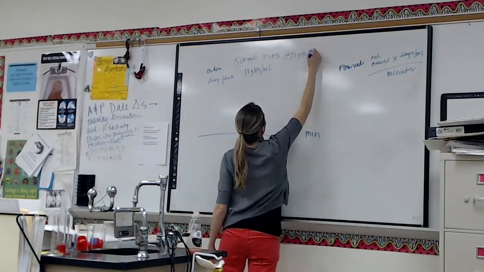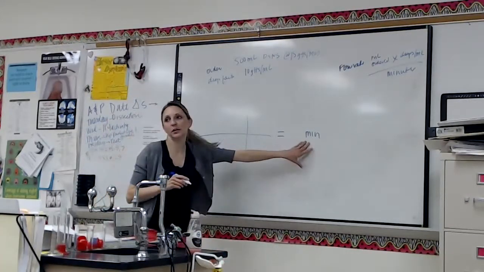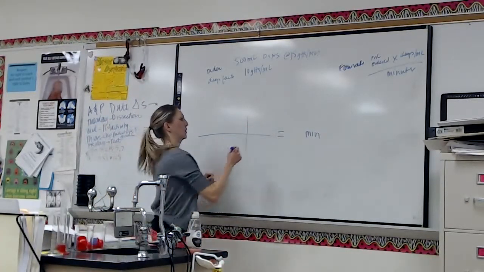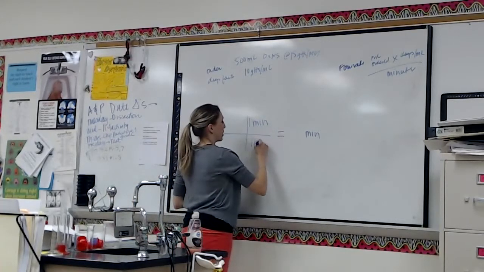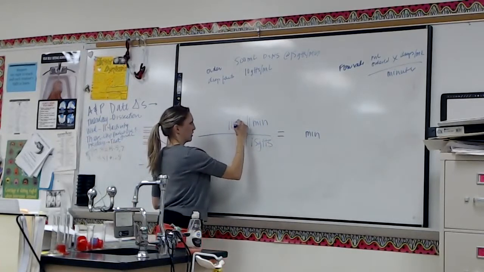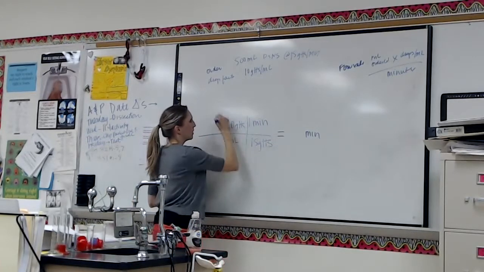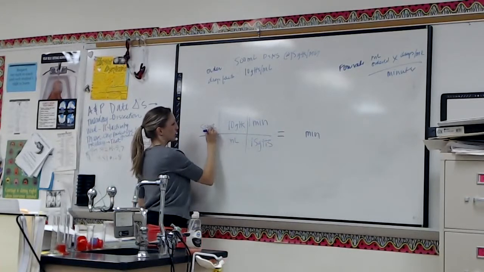So I want my minutes on top: 1 minute over 15 drops. Then 10 drops over a milliliter, and then 500 milliliters, our order.